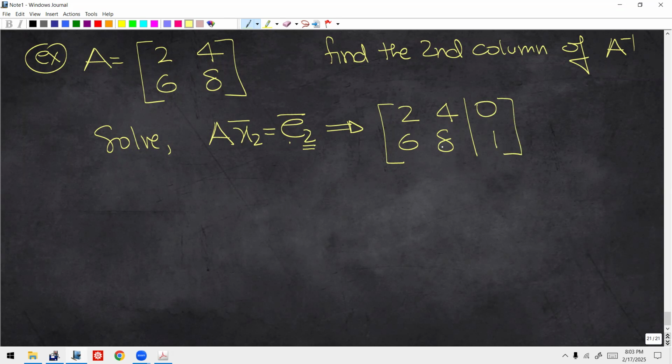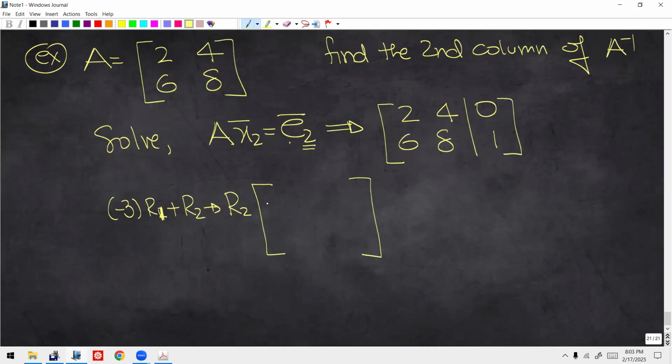I'm just going to quickly do that. I'm going to multiply the first row by -3 and add it to the second row. That'll give us row 2. So I get 2, 4, 0. We get 0; 4 times -3 is -12, plus 8 is -4. And 0 times that is just 1. Now we're going to divide the second row by -4 to get that pivot.